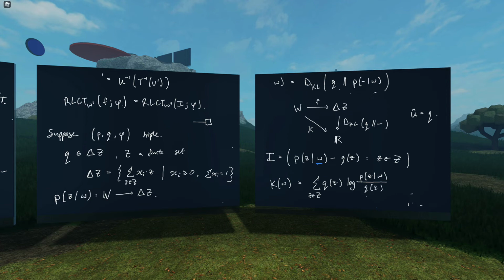And so it turns out that this ideal and this function K have the same RLCT on W, at least again in the neighborhood of a true parameter. Quite apart from that, it makes the calculation significantly easier. So in the example of Turing machines, this P is just a polynomial, whereas this has logs and all the rest of it in it.